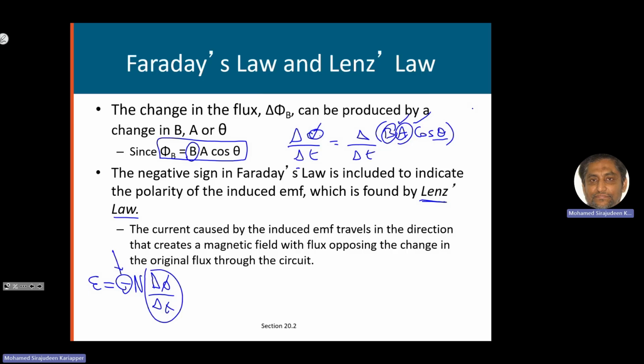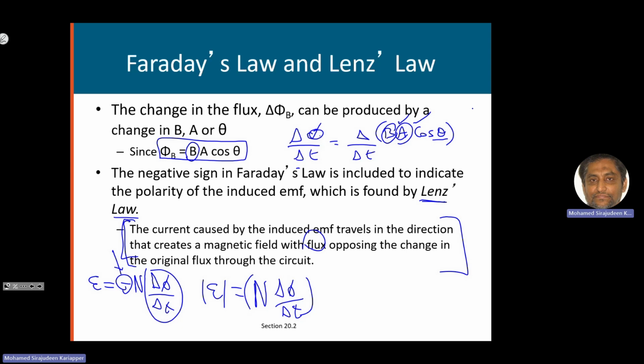But it is easier to use this descriptive statement, called Lenz's law, to find the direction. So we can simply ignore this negative sign. We will only find the magnitude from Faraday's law, and we will use Lenz's law to get the direction. The current caused by the induced EMF travels in the direction that creates a magnetic field with flux opposing the change in the original flux through the circuit.